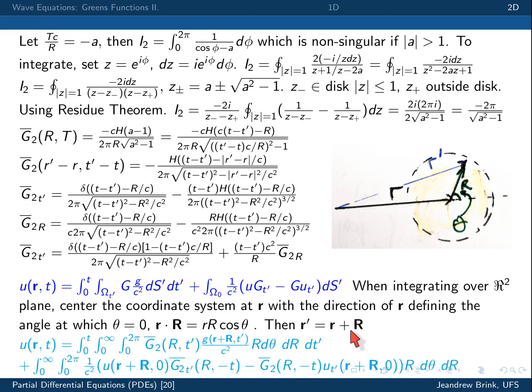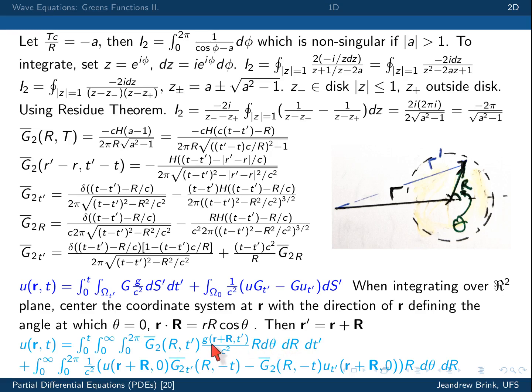If we do that, our expression for our 2-dimensional plane becomes like this. You simply have the Green's function, which is symmetrical and depends only on the magnitude of r minus r prime, and we're going to integrate over r, so you have the area element r dr d theta.